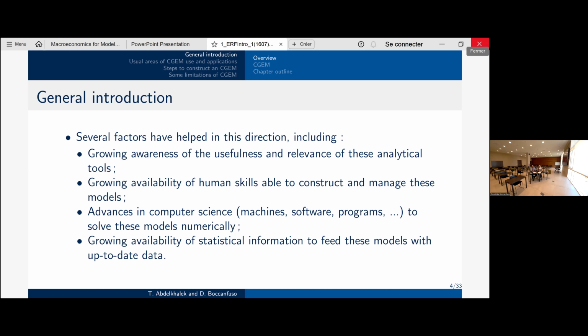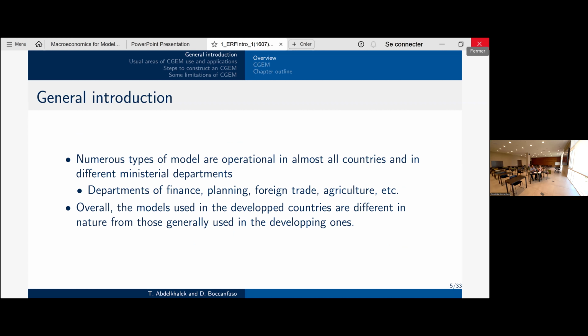And there is a growing availability of statistical information to construct the data set we need to run this CGE modeling and to construct social accounting matrix. So these factors help us to construct CGE modeling to test and to simulate any policy where we can use these tools.